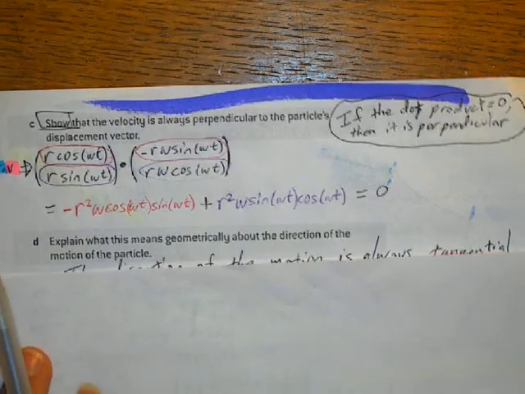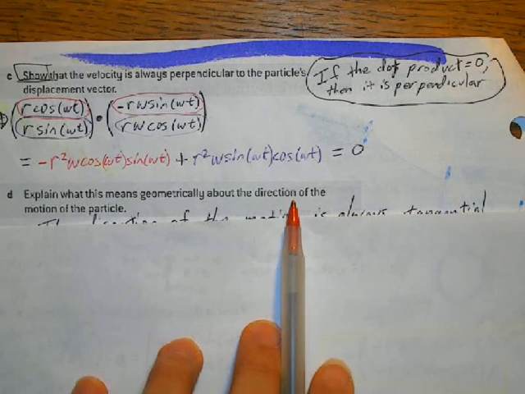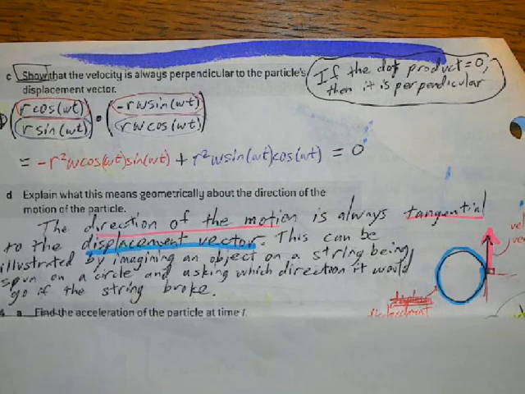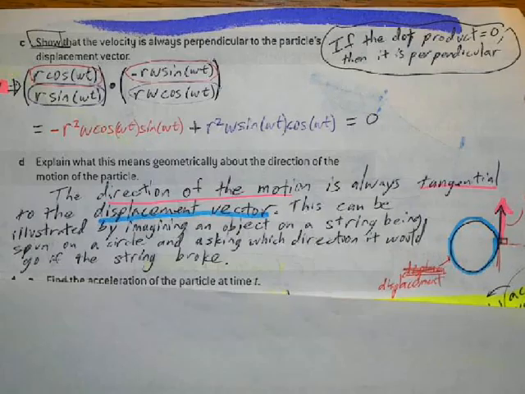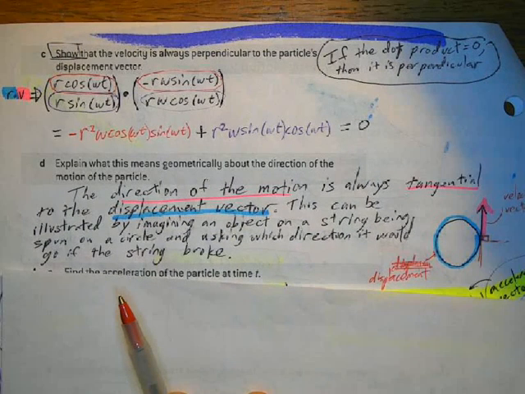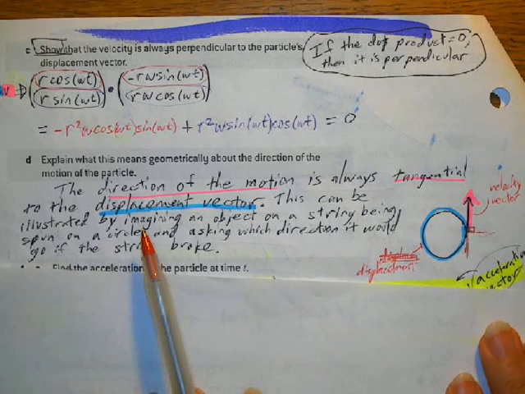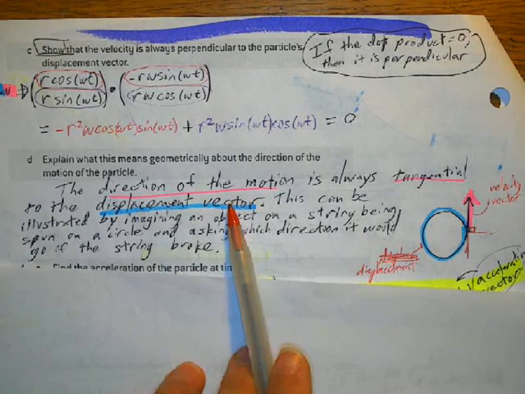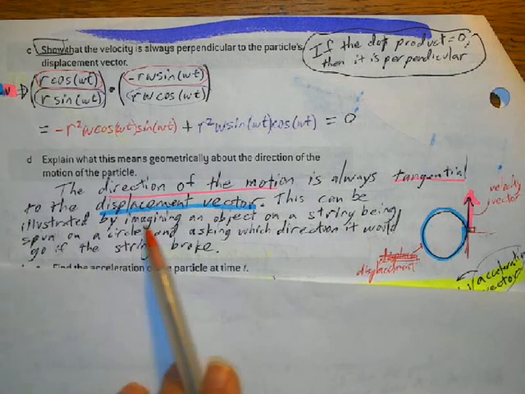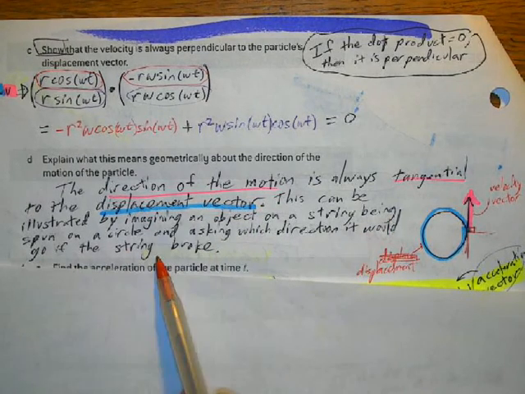Explain what this means geometrically about the direction of the motion of the particle. You can read this on your own, but I'll read it for you, and I'll explain the picture because it goes along with this. The direction of the motion is always tangential to the displacement vector. This can be illustrated by imagining an object on a string being spun in a circle and asking which direction it will go if the string broke.